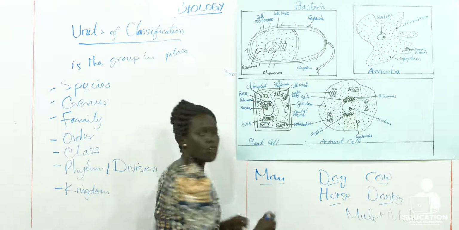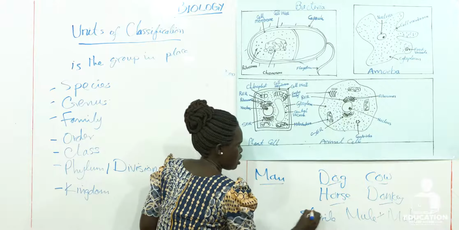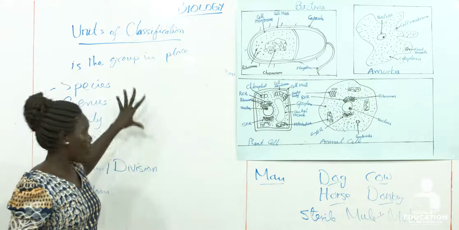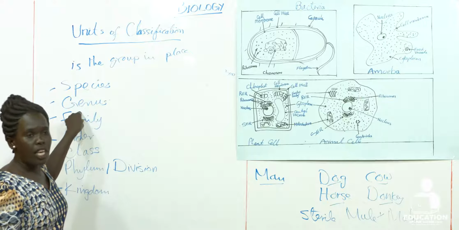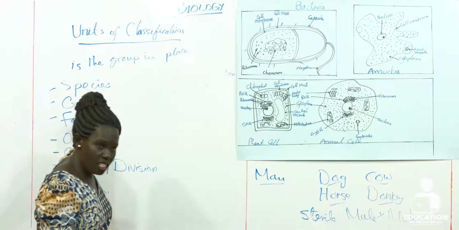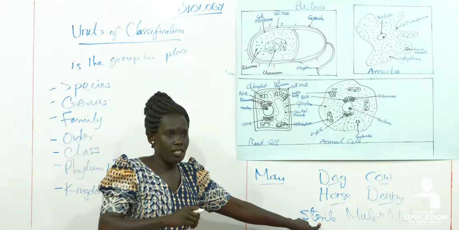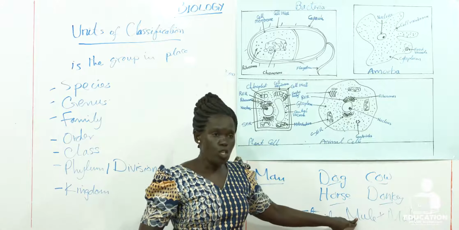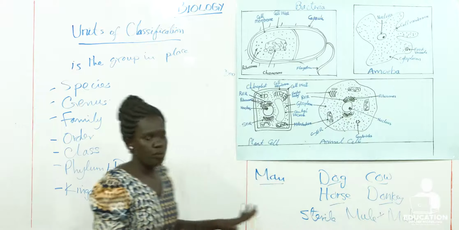Why? Because they are not fertile. They are sterile. So that means the group of organisms under the same genus, they don't interbreed. If it happened by chance, the one they produce will be sterile. It's not fertile. This is the example. The mating between horse and donkey will give us mule. So when mule met with mule, they don't produce.